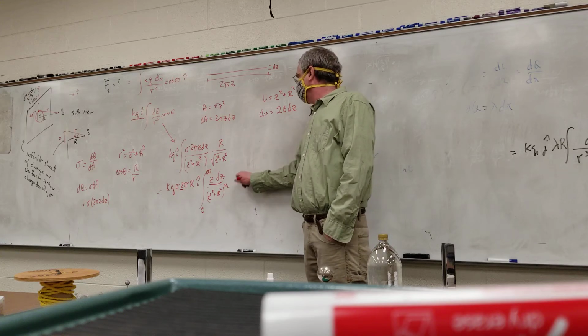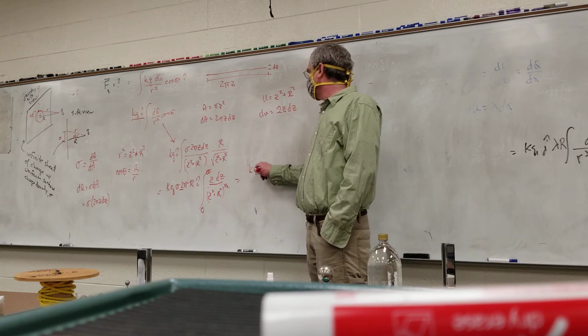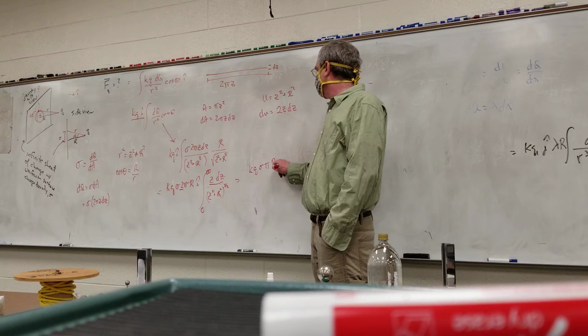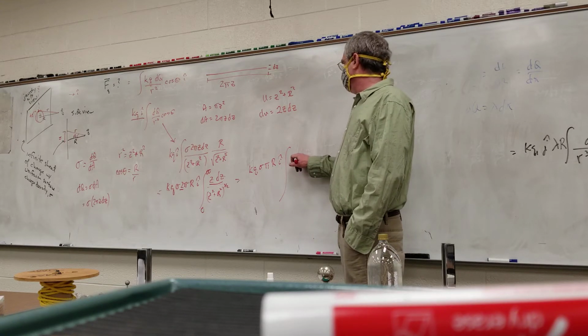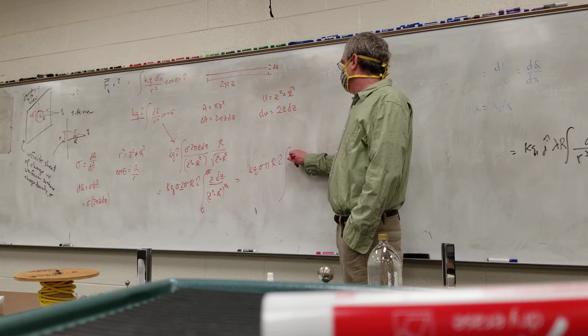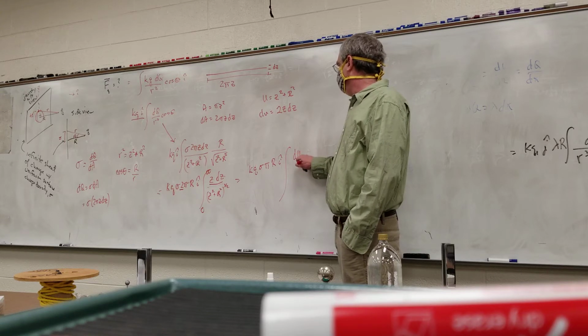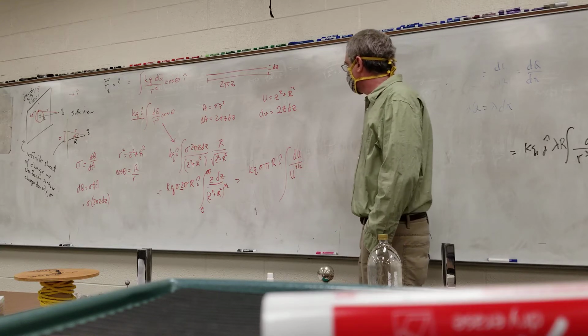So I'm left with k, q, sigma, pi, big R, I hat, integral of du on top and u to the 3 halves on the bottom.